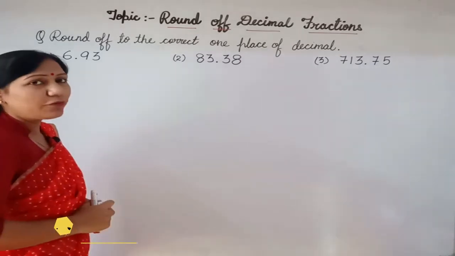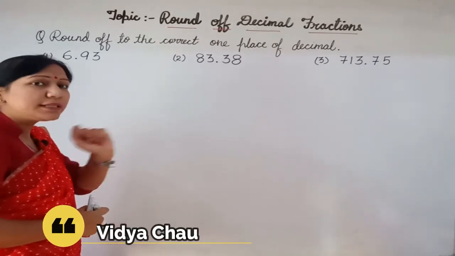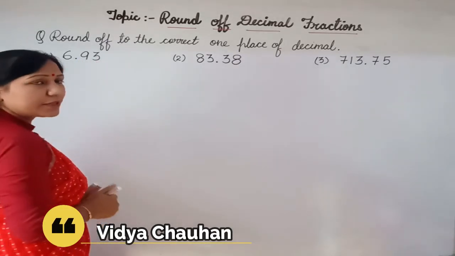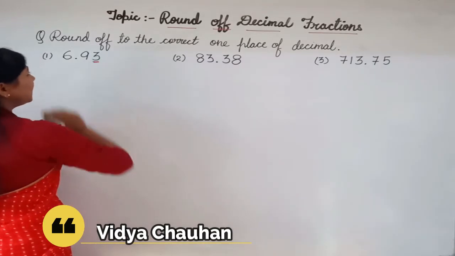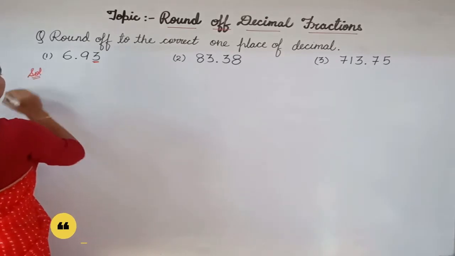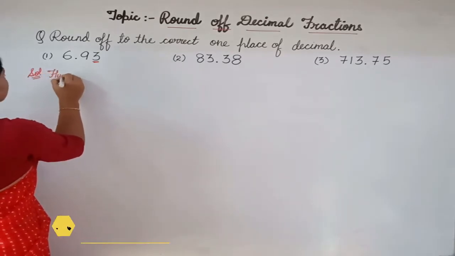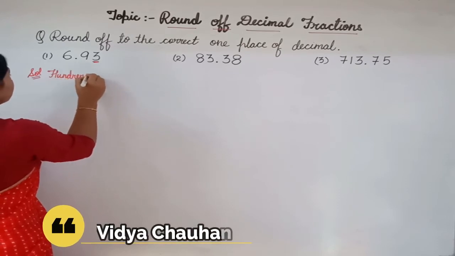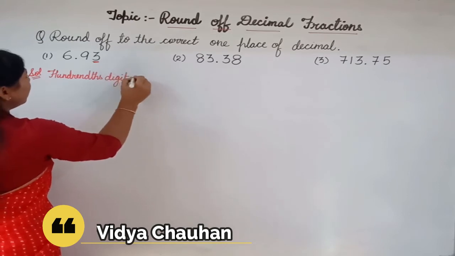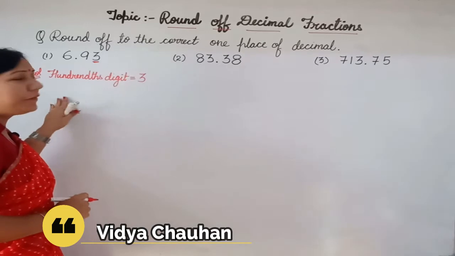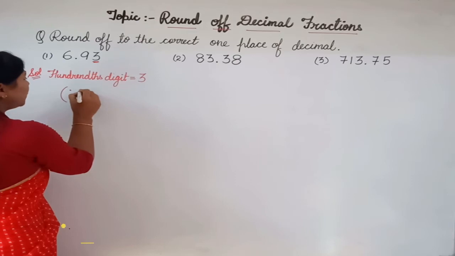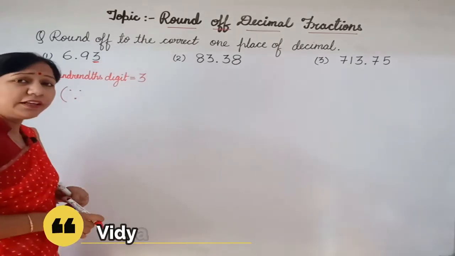The first value is 6.93, and since you have to round off to the correct 1 decimal place, you will consider its 100th place digit. What is the digit at the 100th place in the first number? It is 3. So the 100th digit is 3, and now you have to find out whether 3 is less than or greater than 5.